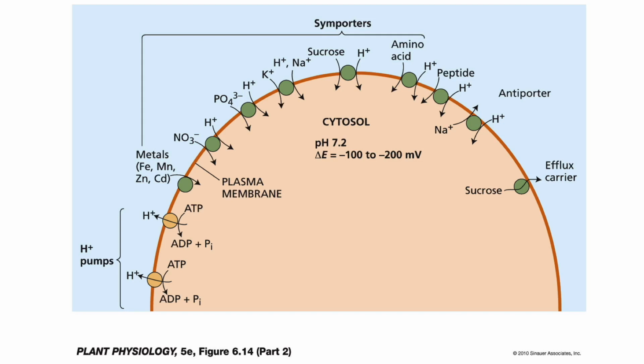There are transporters to take up amino acids across the plasma membrane using protons. Peptides, which are sequences of about 20 amino acids, so they're long chains of amino acids. And we have antiporters, such as the sodium proton antiporter, which drives sodium out of the cell.